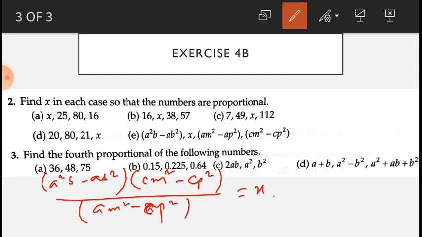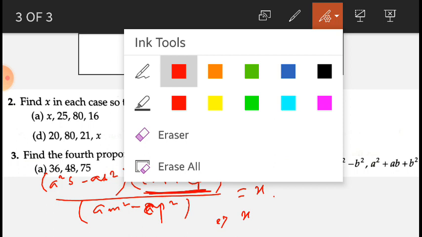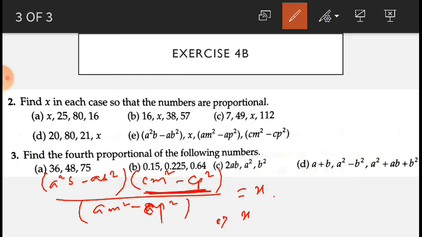I think this term will be cancelled out this way. Taking common c from this term, it will become m square minus p square.